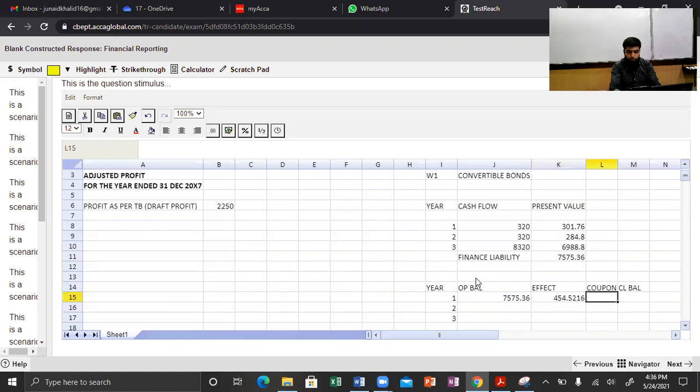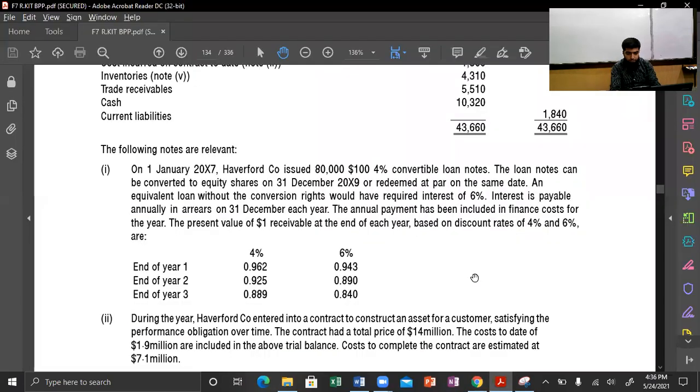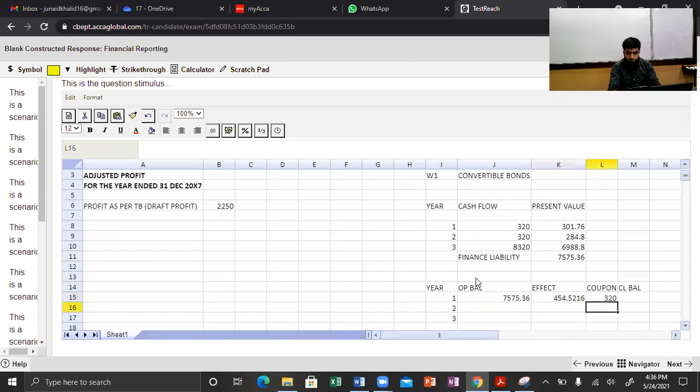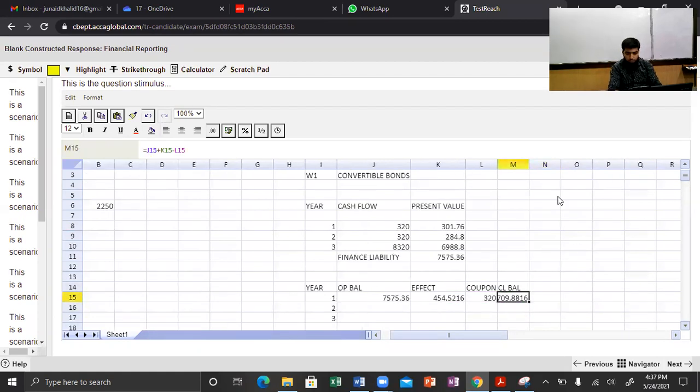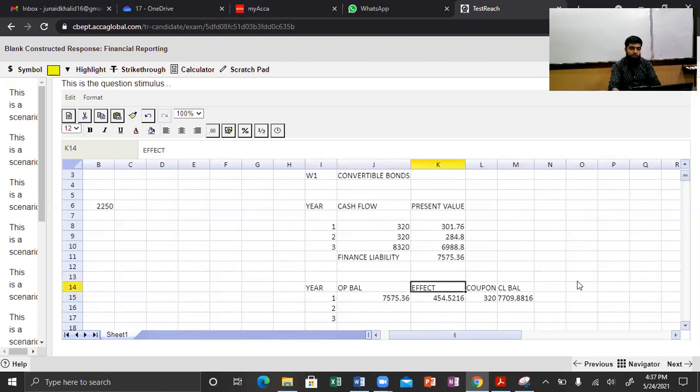And the coupon amount is the par value, that was 8,000 multiplied by 4%, that's 320, and the closing balance would be 7575 plus 454 minus 320, that makes 7709.88. So that is the subsequent measurement of the finance liability at which it will be recorded in the balance sheet.